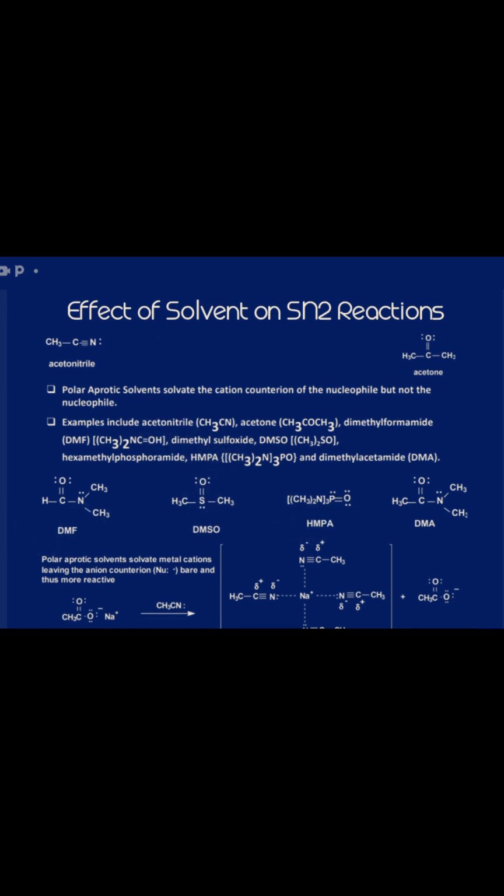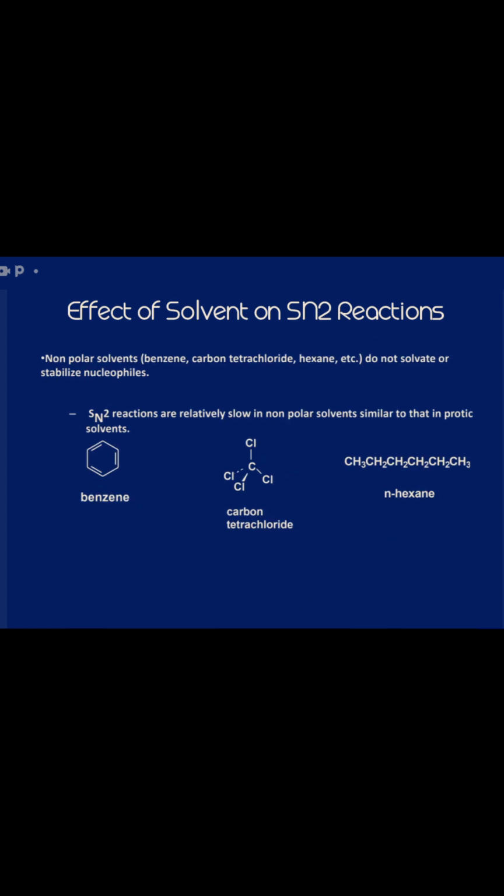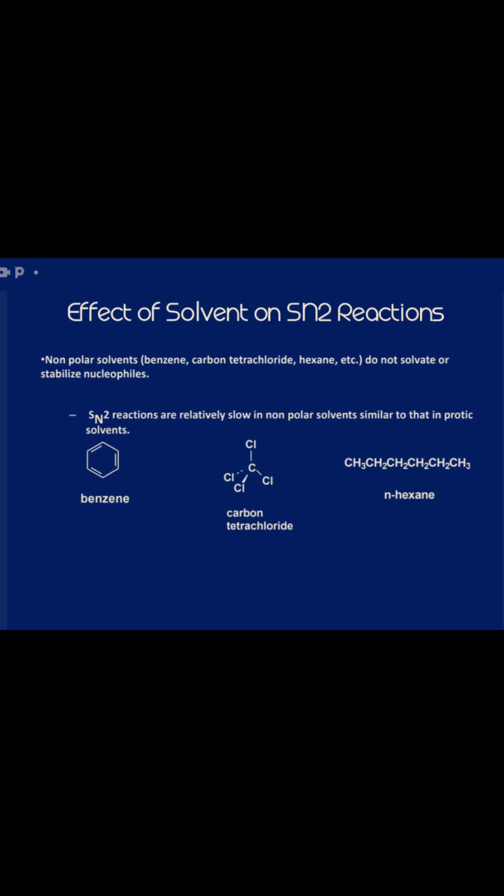This is another point. Non-polar solvents, benzene, carbon tetrachloride and hexane, do not solvate or stabilize the nucleophile. This is the important point: SN2 reactions are relatively slow in non-polar solvents, similar to protic solvents.